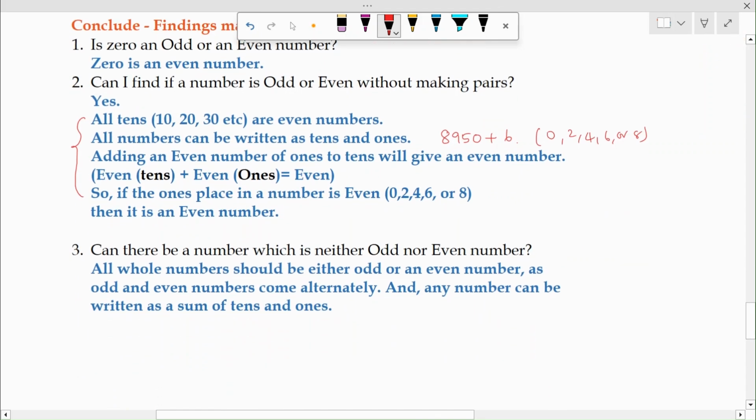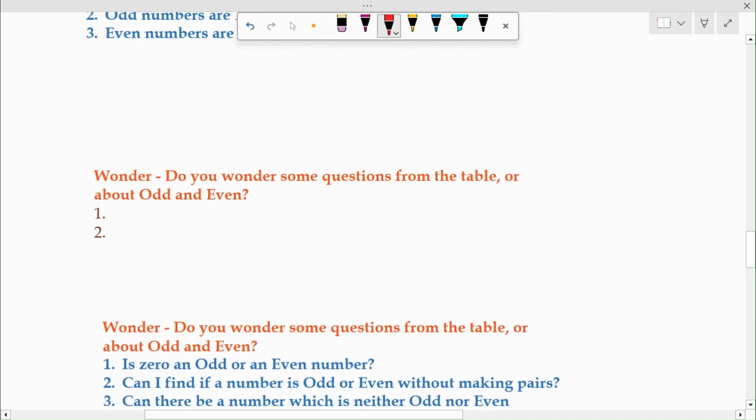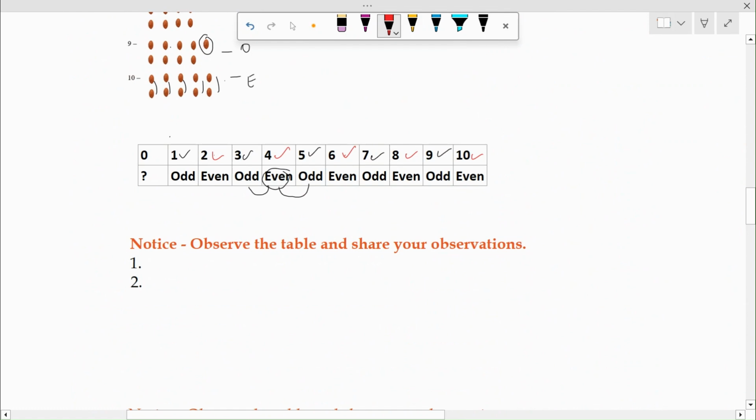So let's come to this question of, can there be a number which is neither odd nor even? What do you think? All whole numbers, meaning the numbers that you write in a full form, 1, 2, 3, as a full number, have to be either odd or even. Why? Because they come alternately. As we see here in this table, they come alternately.